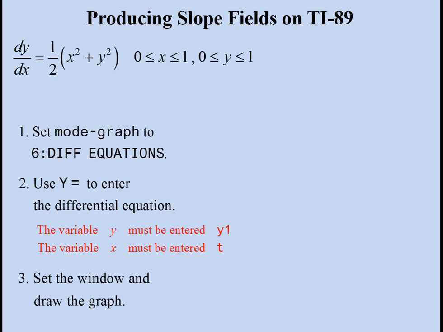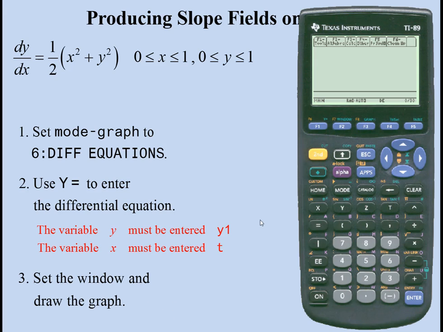Then we're going to use the y equals, just like we would with regular functions, to enter our differential equations. So we'll go to the y equals, out beside y1 prime, we're going to enter our differential equation.